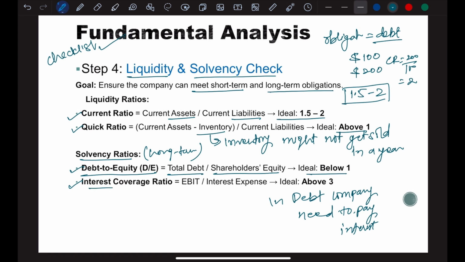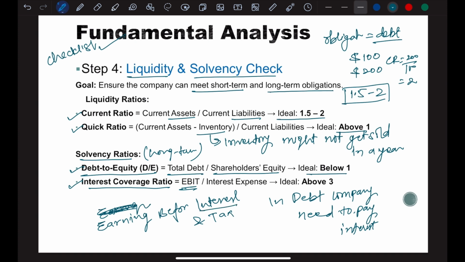And our second one is the interest coverage ratio. How much interest can the company cover from its EBIT? EBIT is earnings before interest and tax. Why interest and tax? Because interest is something we are paying, and this debt is tax deductible, that is why we take EBIT, not net income.